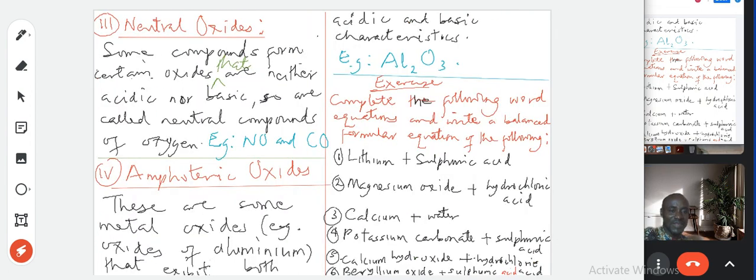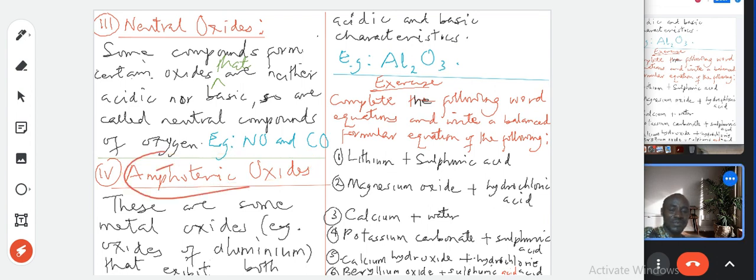Okay, now next page. This aluminium oxide can form a base. It can also form an acid. In other words, it can react with a base, and it can react with an acid. It can neutralize an acid. It can neutralize a base. So we call them amphoteric.